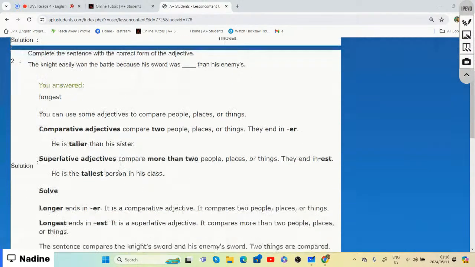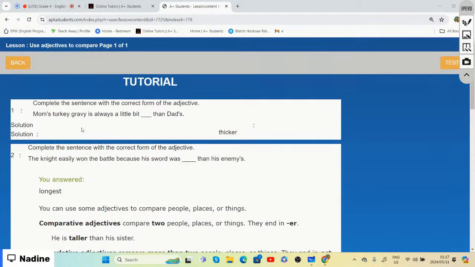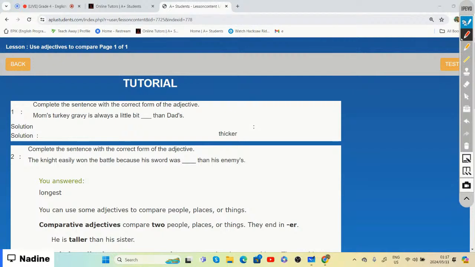Superlative adjectives compare more than two people, places, or things, and they end in est. So Mom's turkey gravy is always a little bit than Dad's, and in this case we will say that Mom's turkey gravy is a little bit thicker than Dad's.